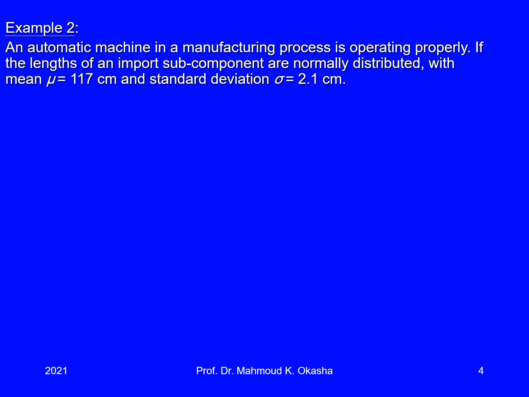That means the population is normally distributed, and X is the length of an import subcomponent, with population mean mu equal to 117 centimeters and population standard deviation sigma equal to 2.1 centimeters. Then we have two questions.